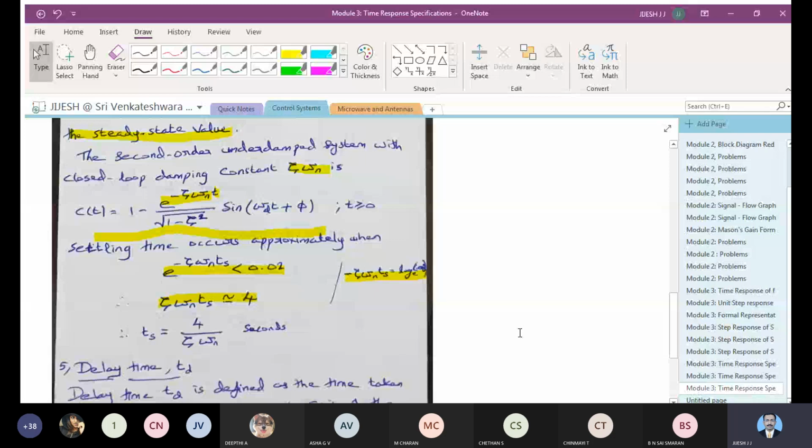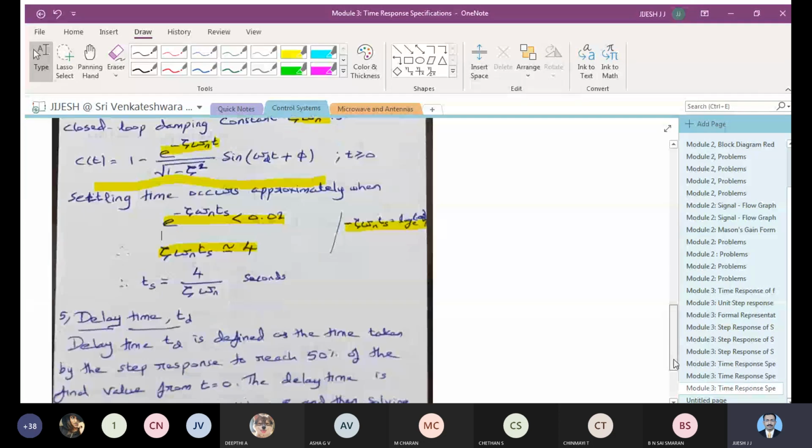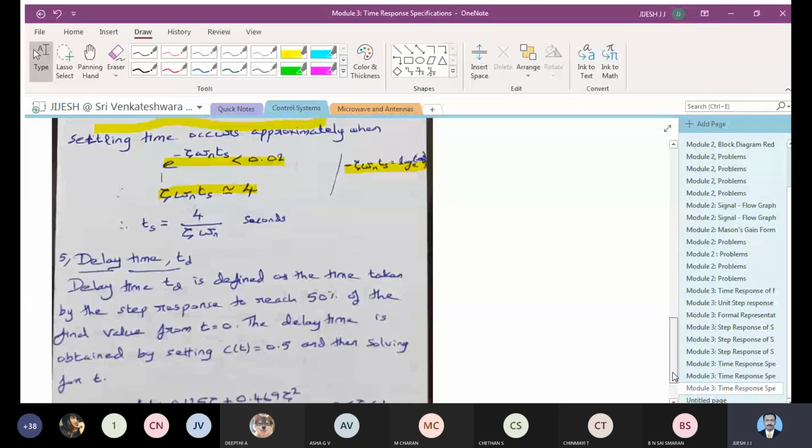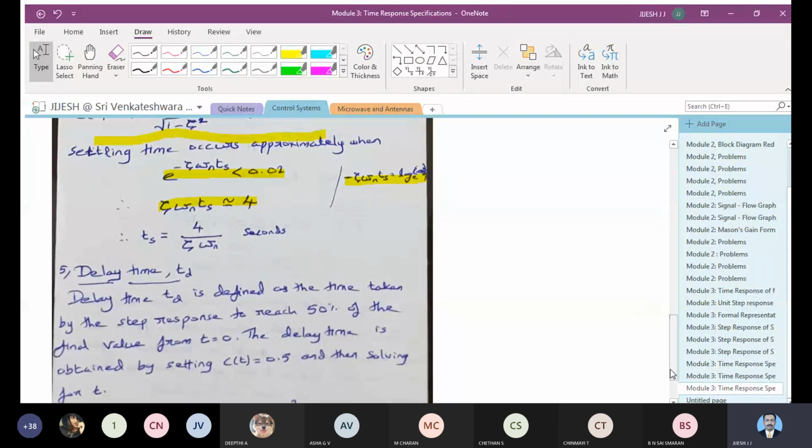So we'll just see this delay time, the last one. Once you understand the delay time, then we can move on to the problems where we use TS, TD, and all these things further. Delay time is represented as TD, defined as the time taken for the step response to reach 50% of the final value from t equal to 0.